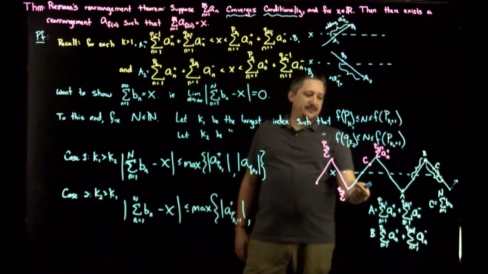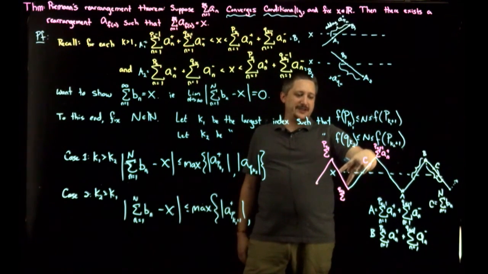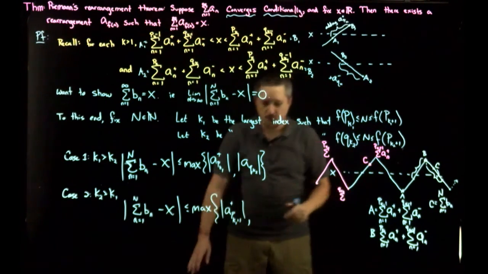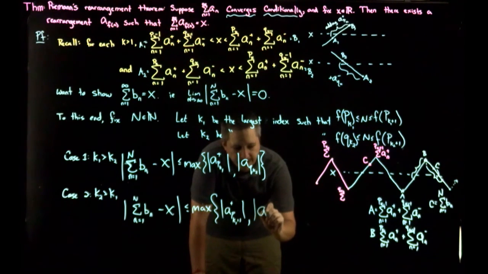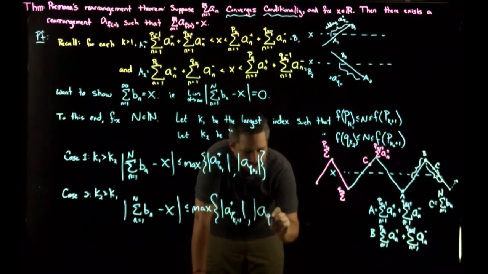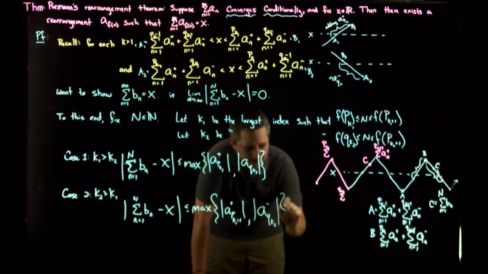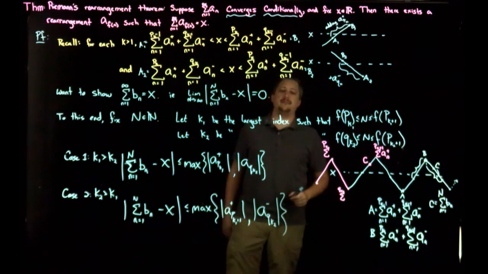And if it were on the negative side, then it would be barely negative, right? Because this is the last sum over here, which would have been a qk2 minus. All right.